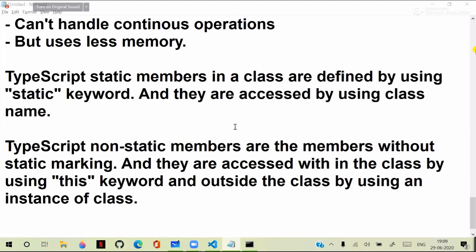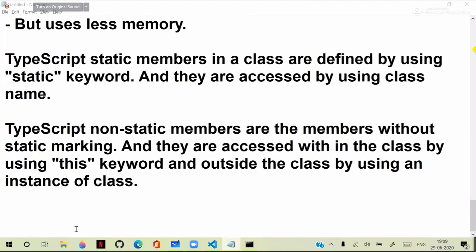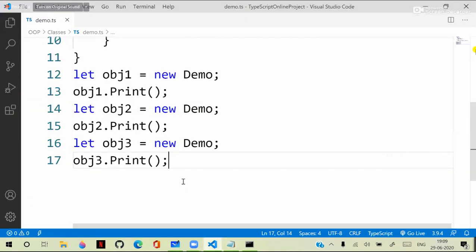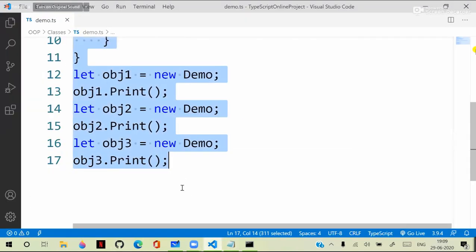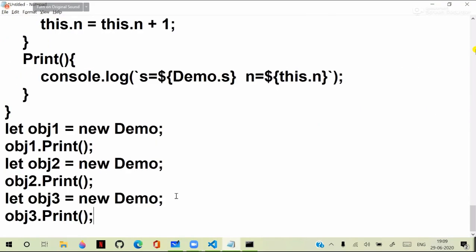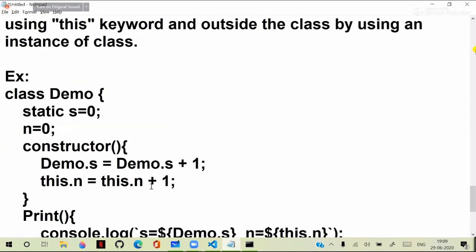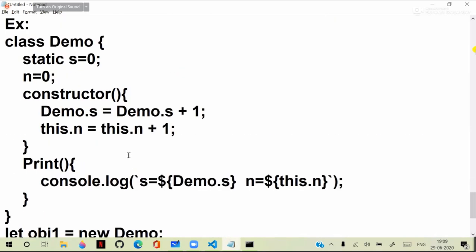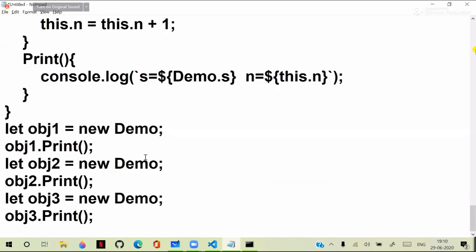So what is static and what is non-static? This is the basic point. Just to make you understand, I gave this example, but you will later see how to use it, because we have to learn about constructors and all. This is a general example I gave you to understand how this works, how S is used, how N is used, and how it is going to print the output.